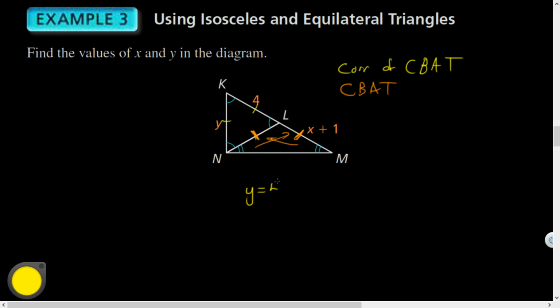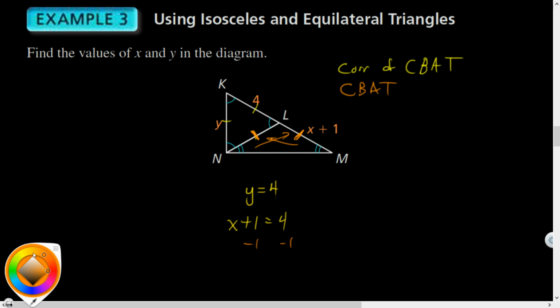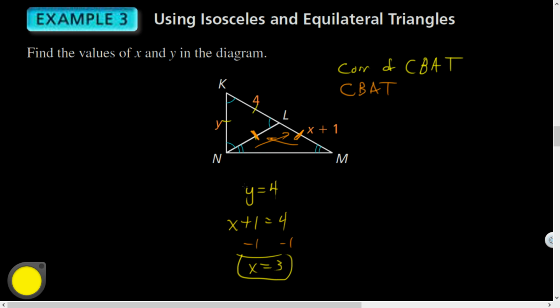That's just true because of definition of congruence once I knew those sides were congruent. I also know that x plus 1 is equal to that measure, is equal to that measure, is equal to 4. By transitivity, subtract 1 from both sides, and we will end up with x equals 3. I kind of like these ones where they've got nested triangles put together.